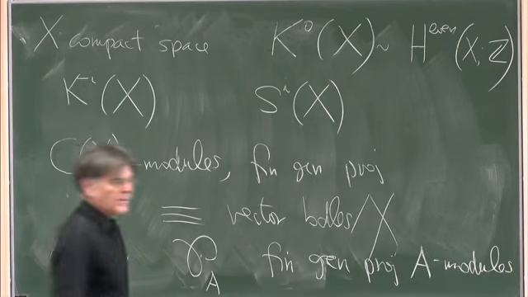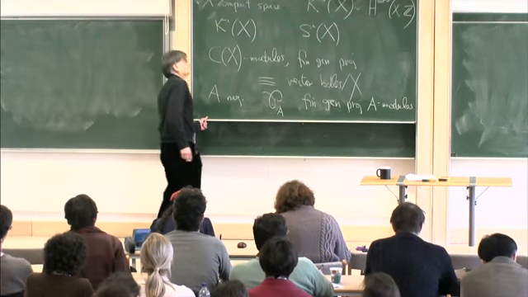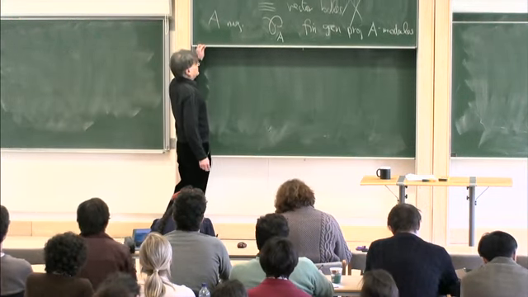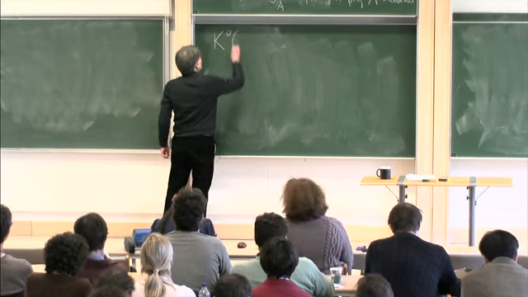That has a direct sum. They form a semigroup. One can again adjoin negative elements, and one will have a ring which, for the moment at least, I'll write K naught of A.